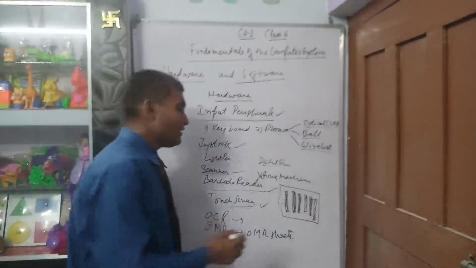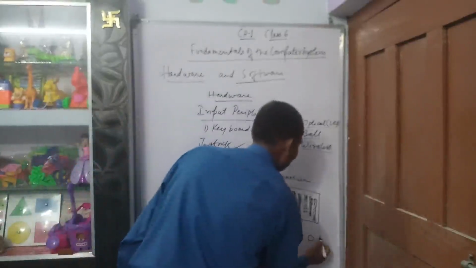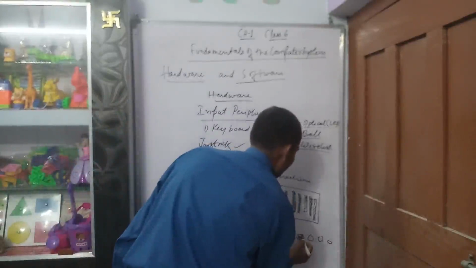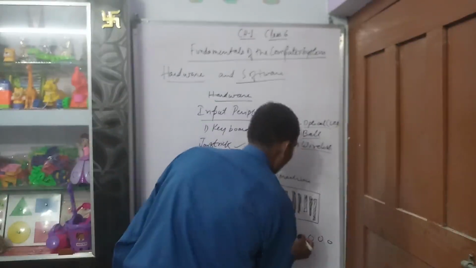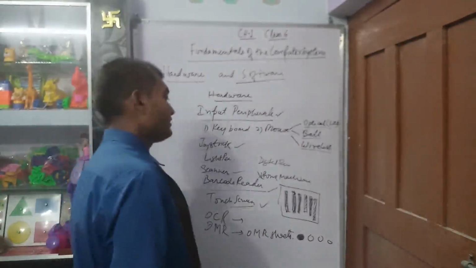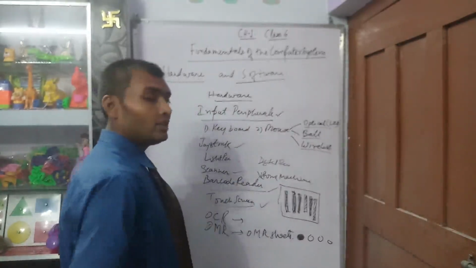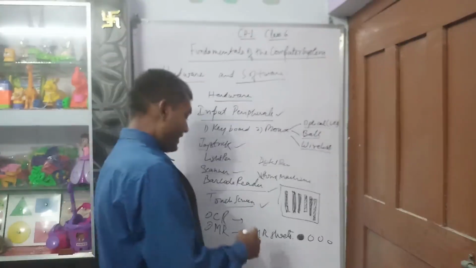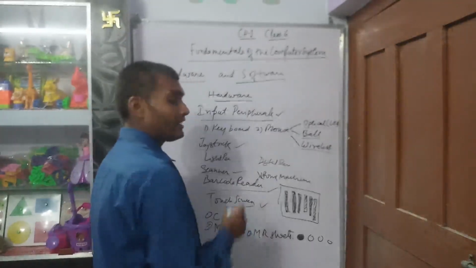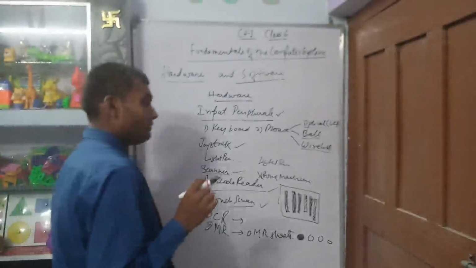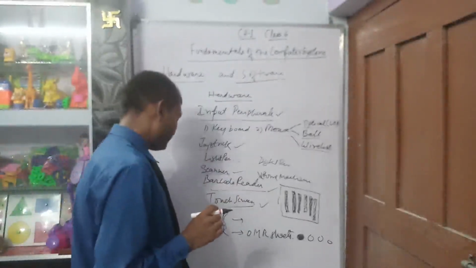You just darken the circle in the OMR sheet, and the OMR reads your answers, that is the darkened circles you put. This is called the optical mark reader, or OMR.